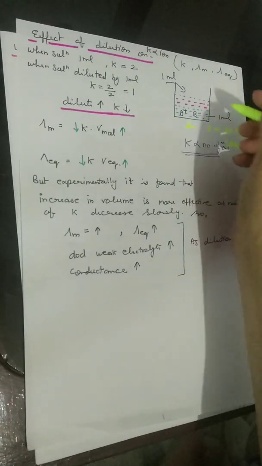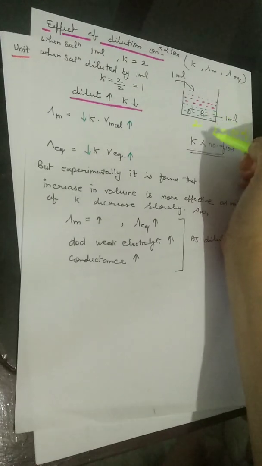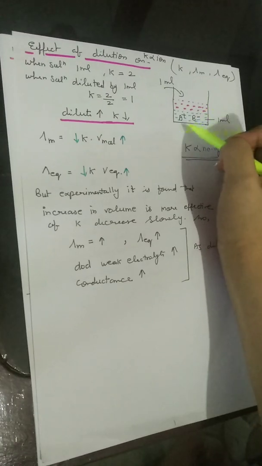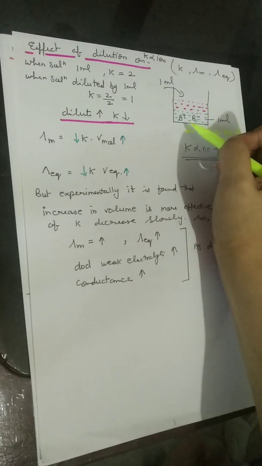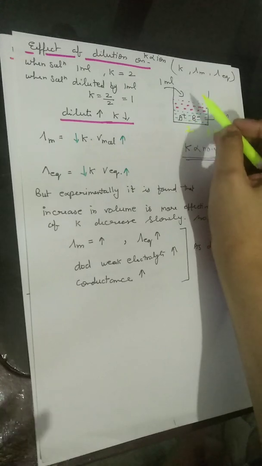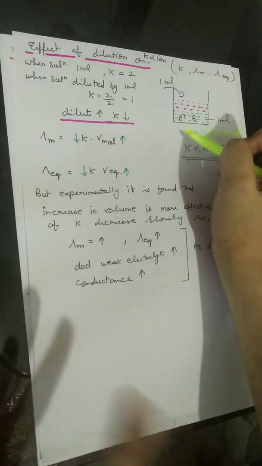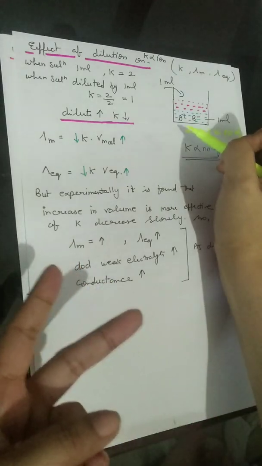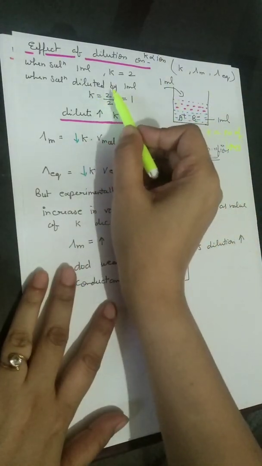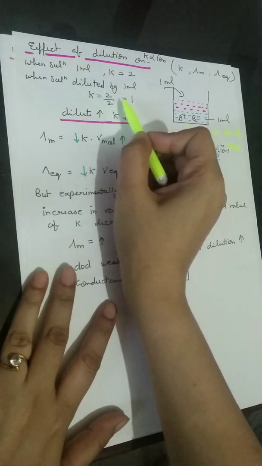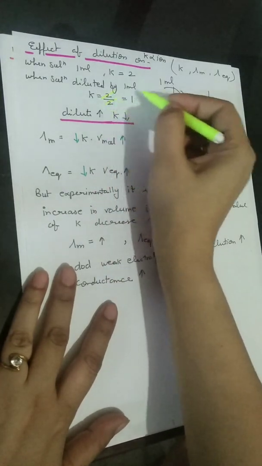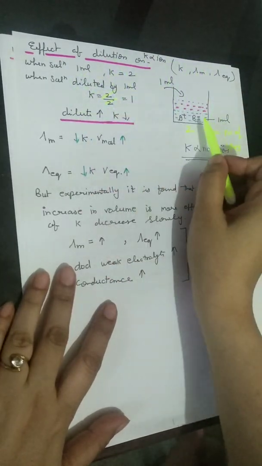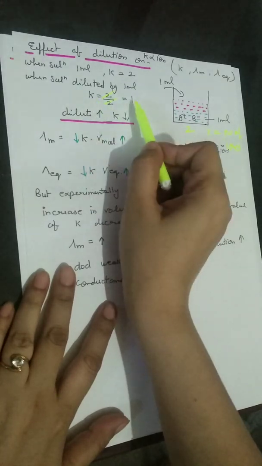But if we dilute the solution and the volume becomes 2 ml, then in 1 ml only 1 ion will be found. Now 2 ions are present in 2 ml of solution, so kappa will be 2 by 2, that is 1. As we diluted the solution, the value of kappa decreased.